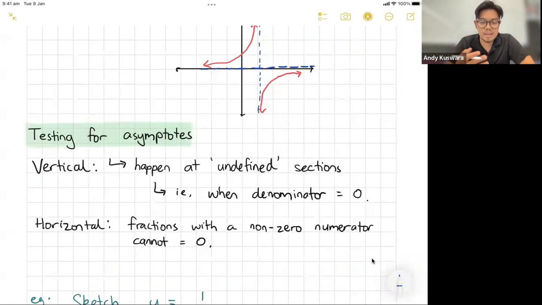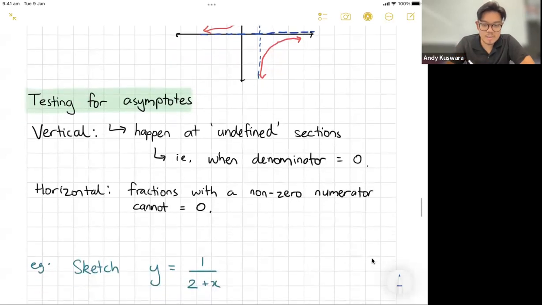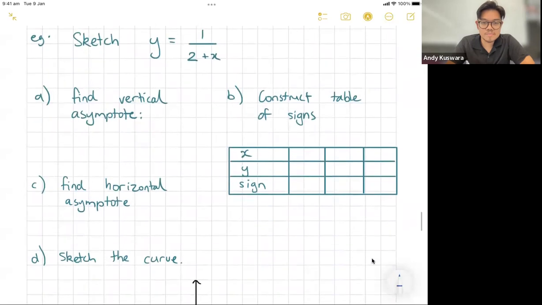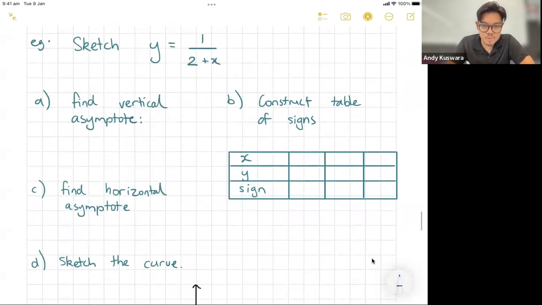When we're talking about horizontal asymptotes, we remember that any fraction that has a non-zero numerator can't equal 0. So that tells us there's probably going to be a horizontal asymptote.